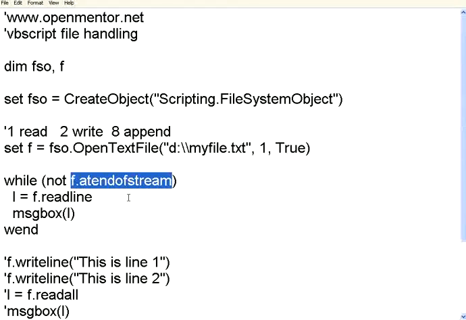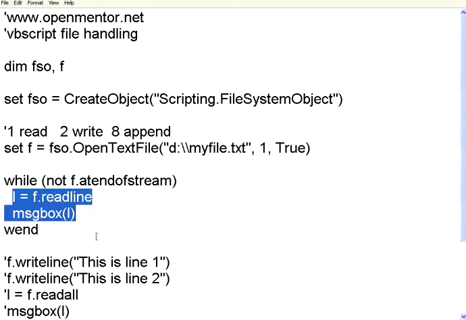At end of stream will become true when it reaches the end of file. So not of at end of stream, that means as long as the file has not reached the end, you have lines in that to read. So you can use in a while loop, while not of f.atEndOfStream, read line by line and then print them one by one.